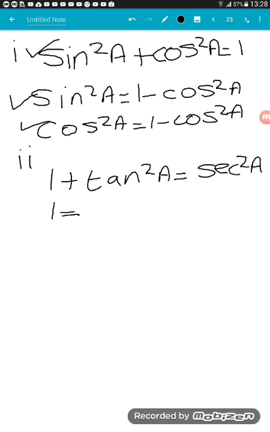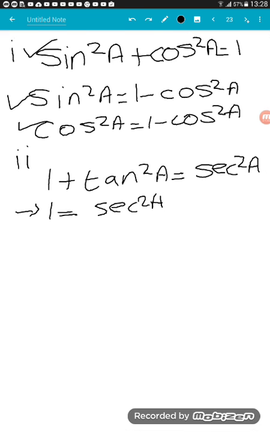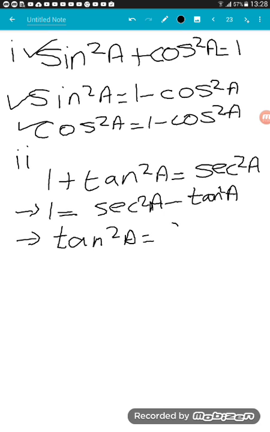The subdivisions are 1 equal to sec square a minus tan square a, and tan square a equal to sec square a minus 1. So these are the two subdivisions of this, and that is the second identity.